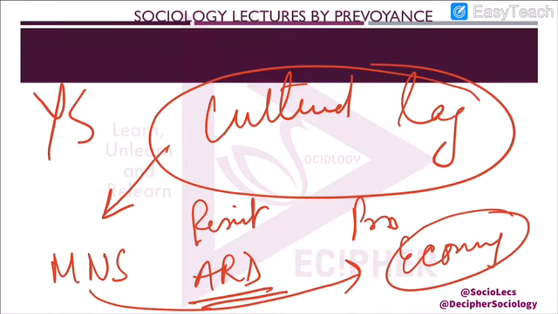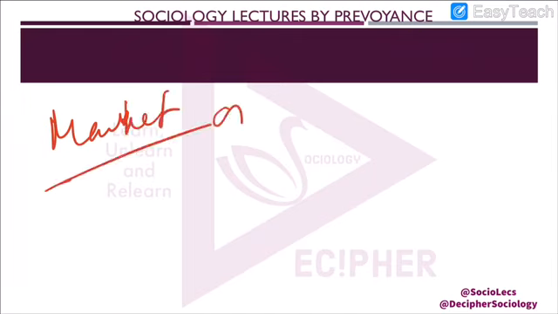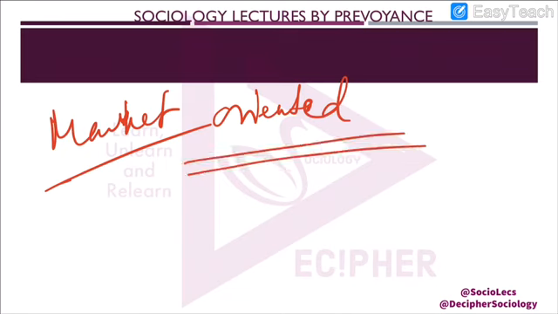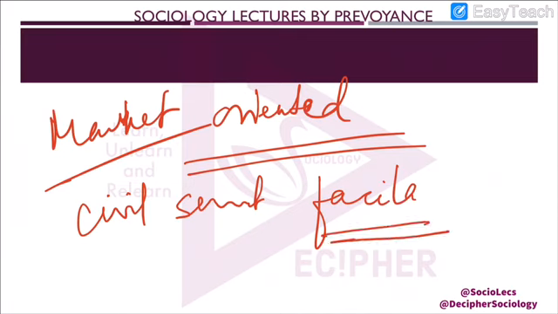For A.R. Desai, any tradition was related to the economy of a society. So what happens to the tradition and culture of a society? With change in economy, we have the market oriented economy, and the civil servant, or even the state, becomes a facilitator, a catalyst and an accelerator in this change.